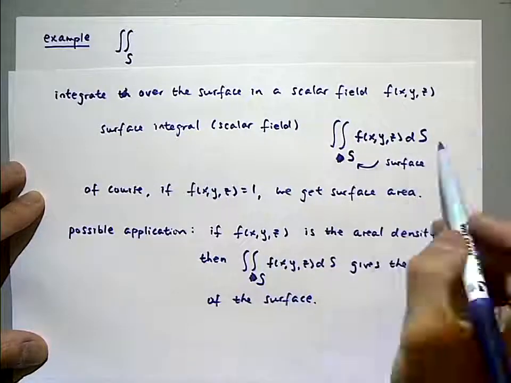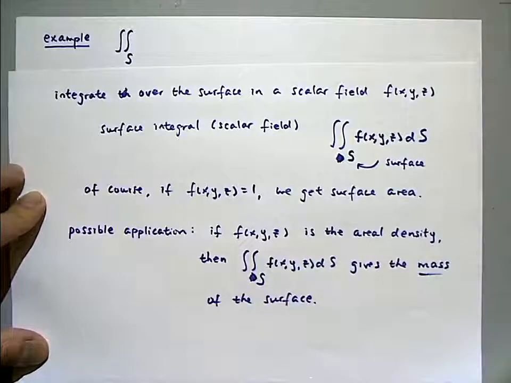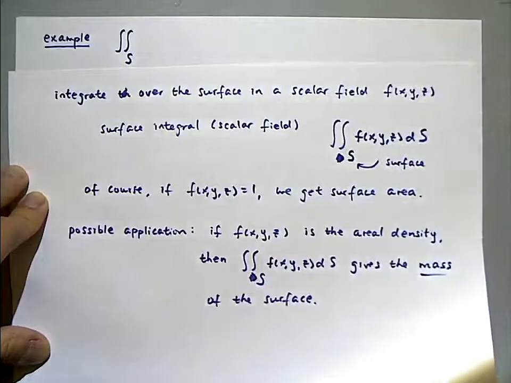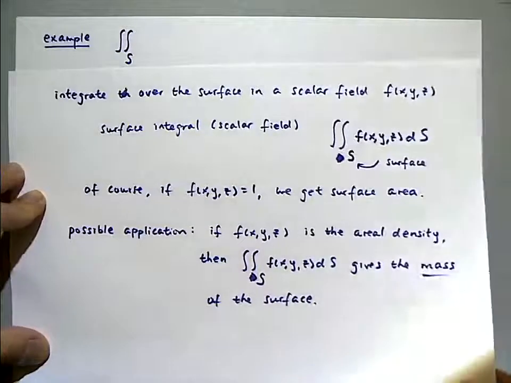So that's a double integral over the surface. In practice, we end up dealing with the domain of the parameters. That's D anyway, but normally we write it as big S. All right, back to here.